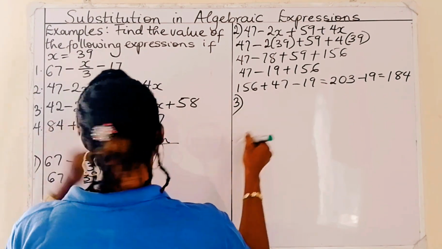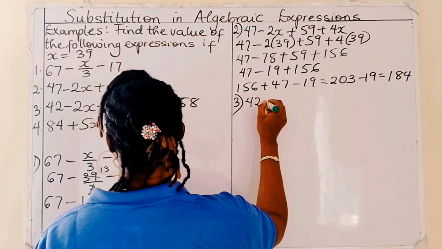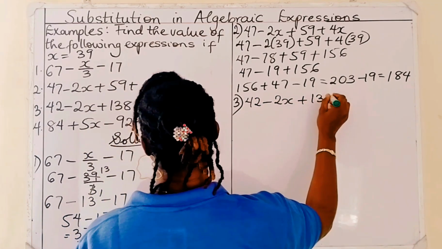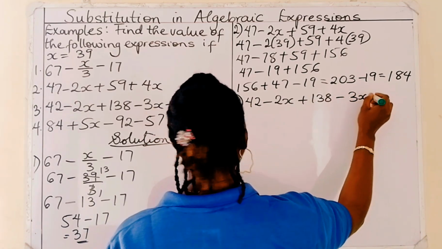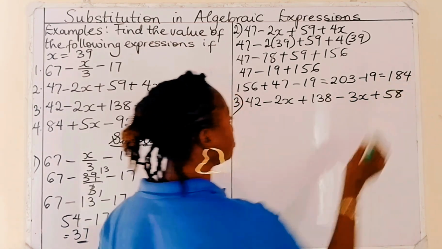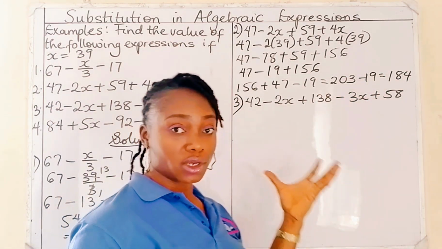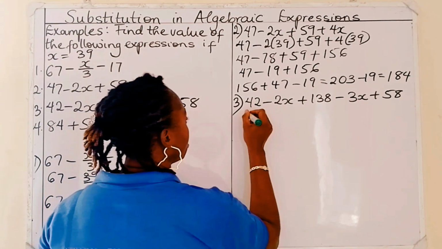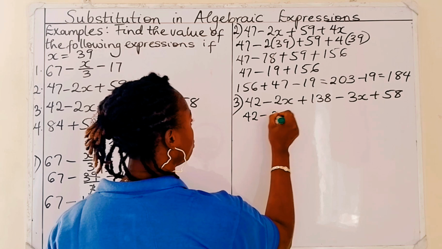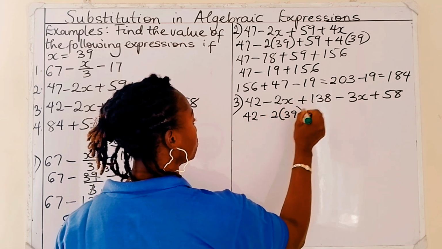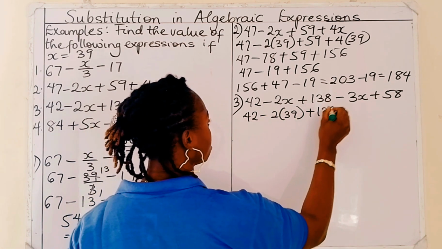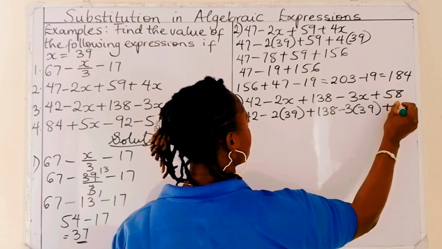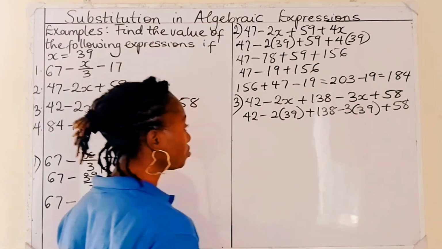Question 3, we have 42 minus 2x plus 138 minus 3x plus 58. As we did in the previous questions, we are going to replace x with 39. That gives us 42 minus 2 into bracket 39 plus 138 minus 3 into bracket 39 plus 58.